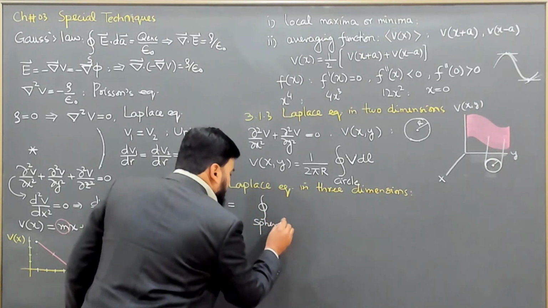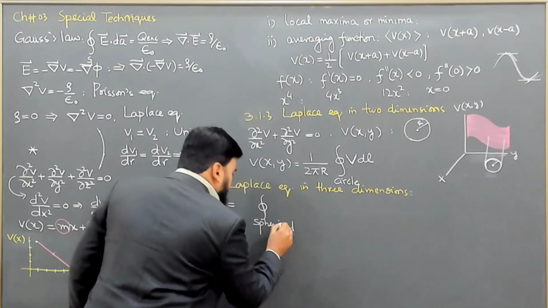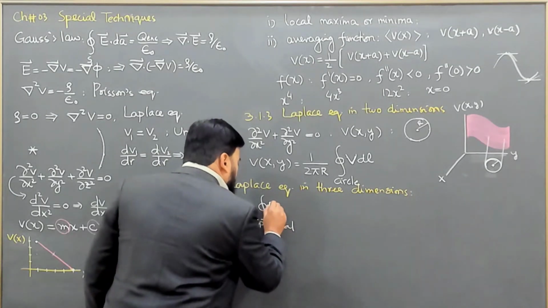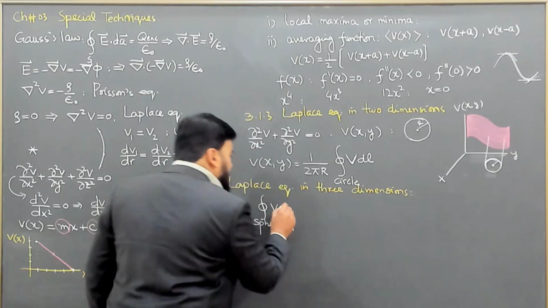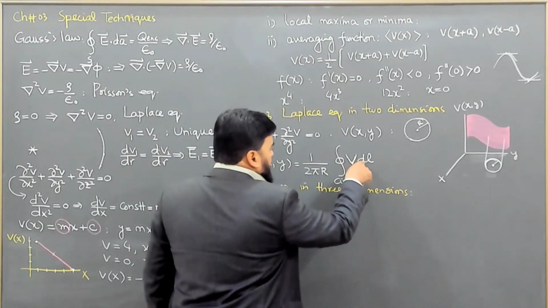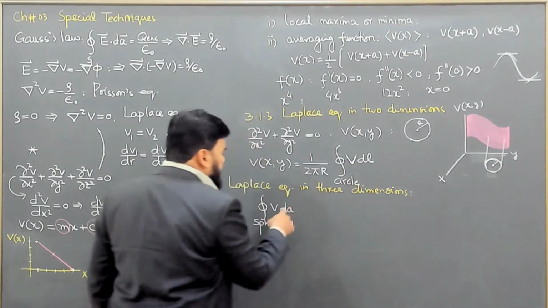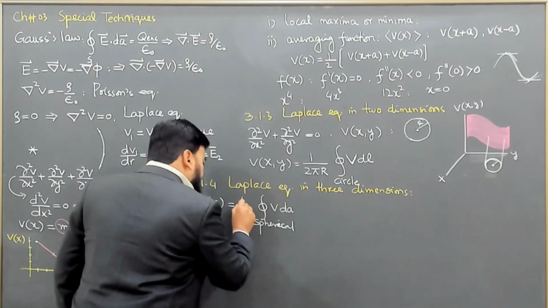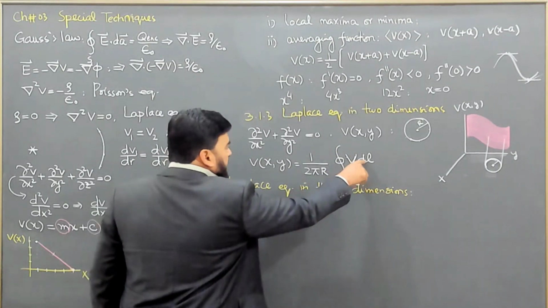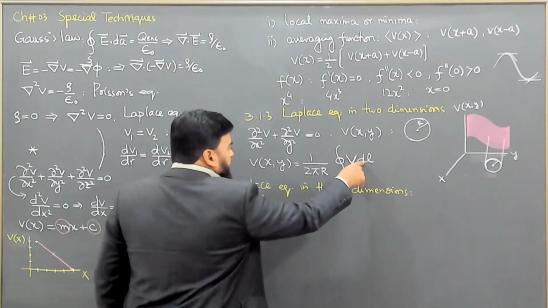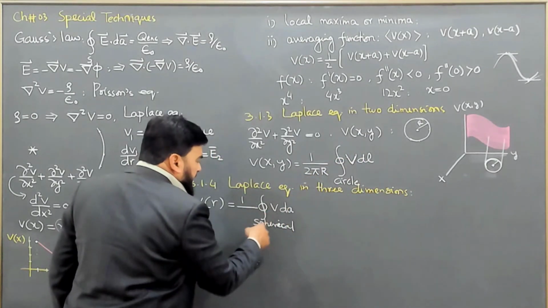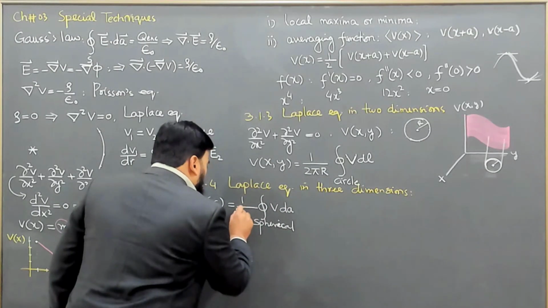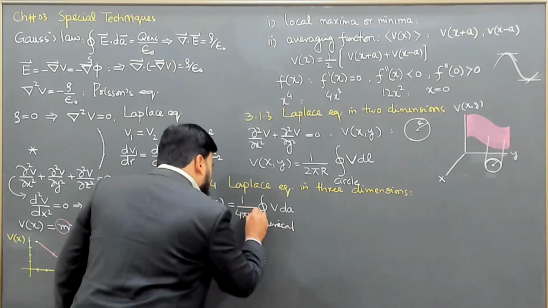Here it will be V dA, because dl in 2 dimensions becomes dA in 3 dimensions, and as this is the average value, it will be divided by the area. Integrating dl on a circle gives the circumference, and integrating dA on a sphere gives the area of the sphere, 4 pi r squared.